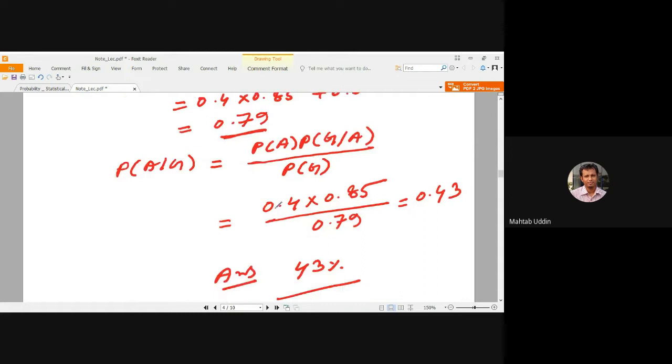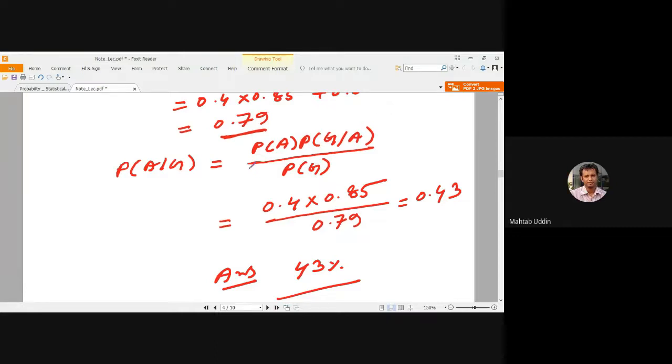There is the probability of germinating seeds from A. Do you understand? Yes, sir. Any query? No, sir.